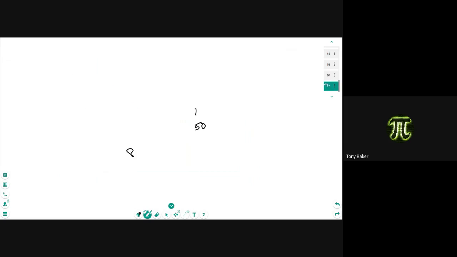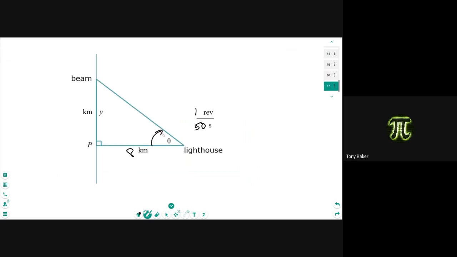And we're going away, that way. And we want to know when that is 2 kilometers. But we don't quite know that one yet, so I'll leave that one off for a second.